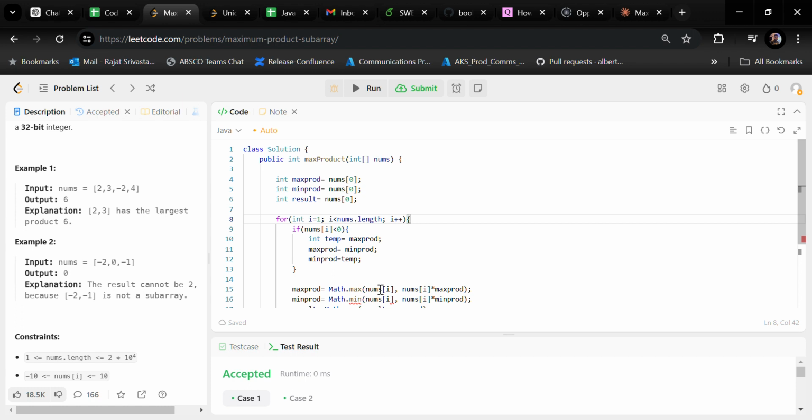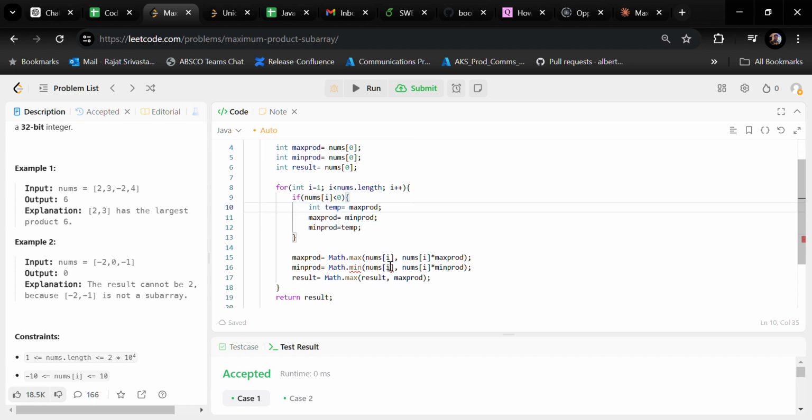The negative multiplication of the minimum value with the next negative number yields a maximum value, and the maximum value, which contains the maximum negative value, when multiplied with the next negative yields the minimum value. So that case is handled in this condition, and this logic just keeps track of maximum and minimum, and we return the result based on this.